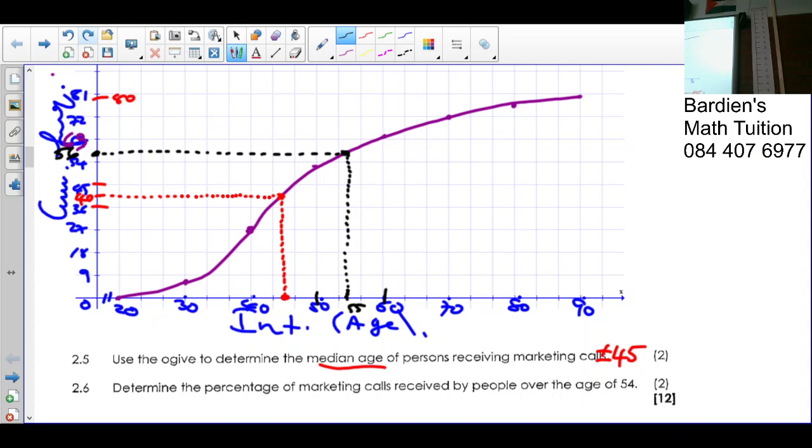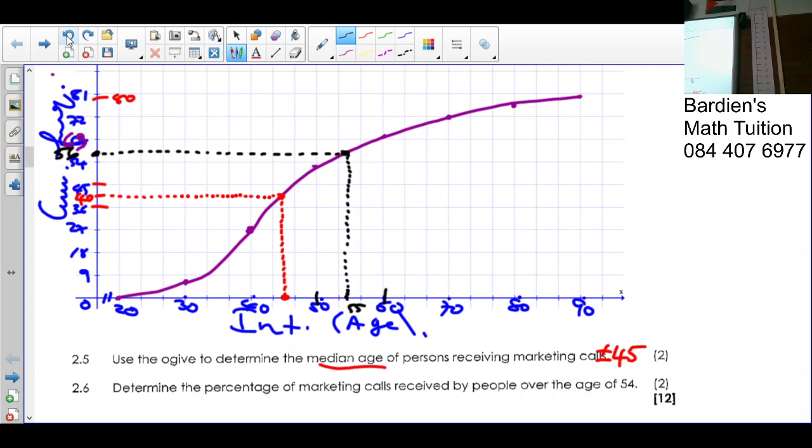It can be about 56. Again, everybody's graph is going to be a bit different. Could it be a value less than 53? Or 52? No, because it can't be this value here because of the boundary point here. Can you see that, people? So it is just by approximation, and we get to about 56.